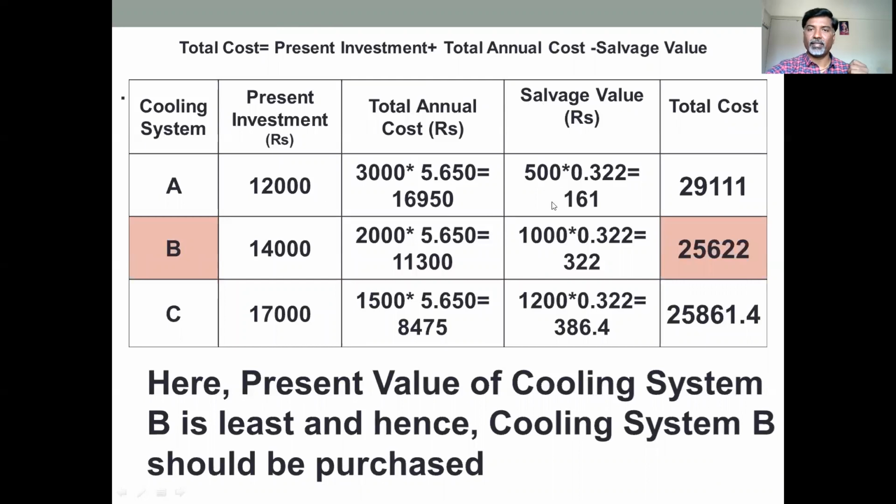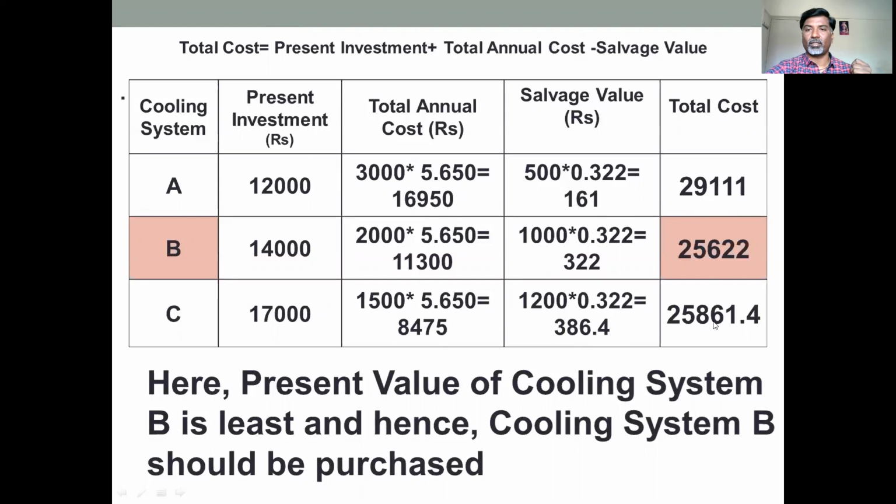So for machine A 161, for machine B 322, for machine C 386.4. So for total cost, the formula is present value plus total annual cost minus salvage value. If you add these two values and subtract this, you will get total cost.